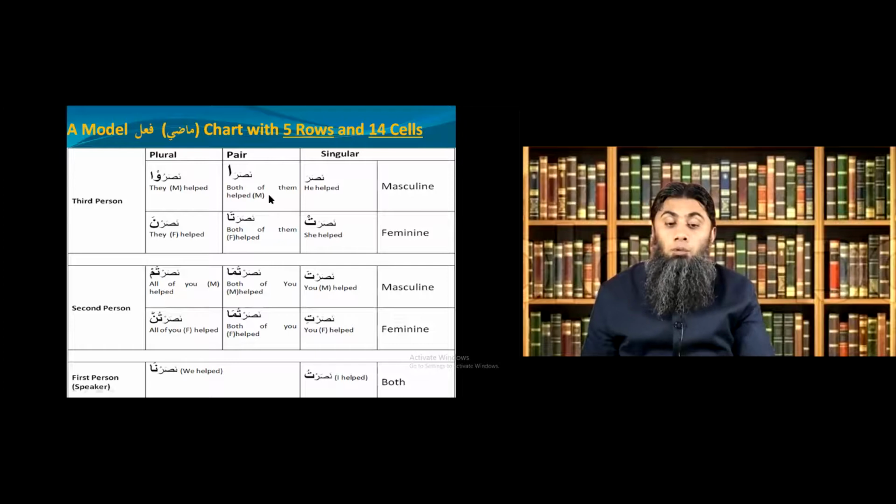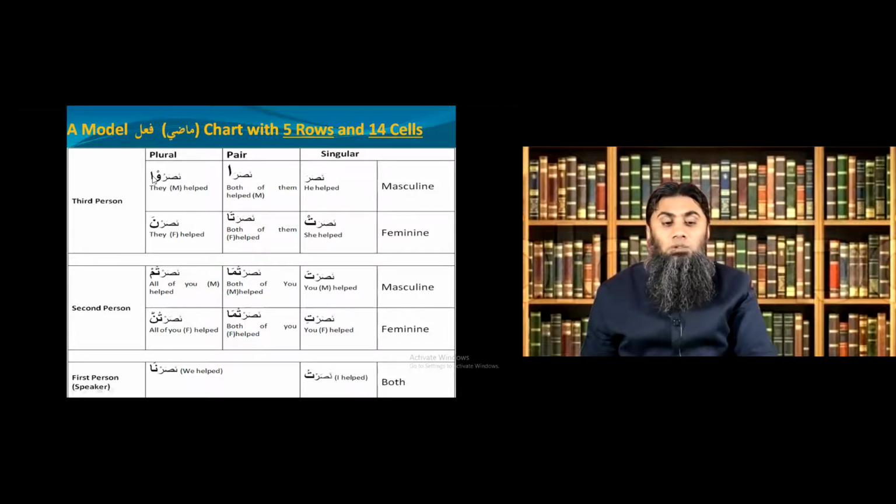Who is the doer now? Both of them help. So now the doer is not he, rather there are two people and they are in third person. Look at the next one, nasaru. You see this oo, this wow at the end. Look, the beginning is the same, noon, sad, ra. Changing is happening at the end.